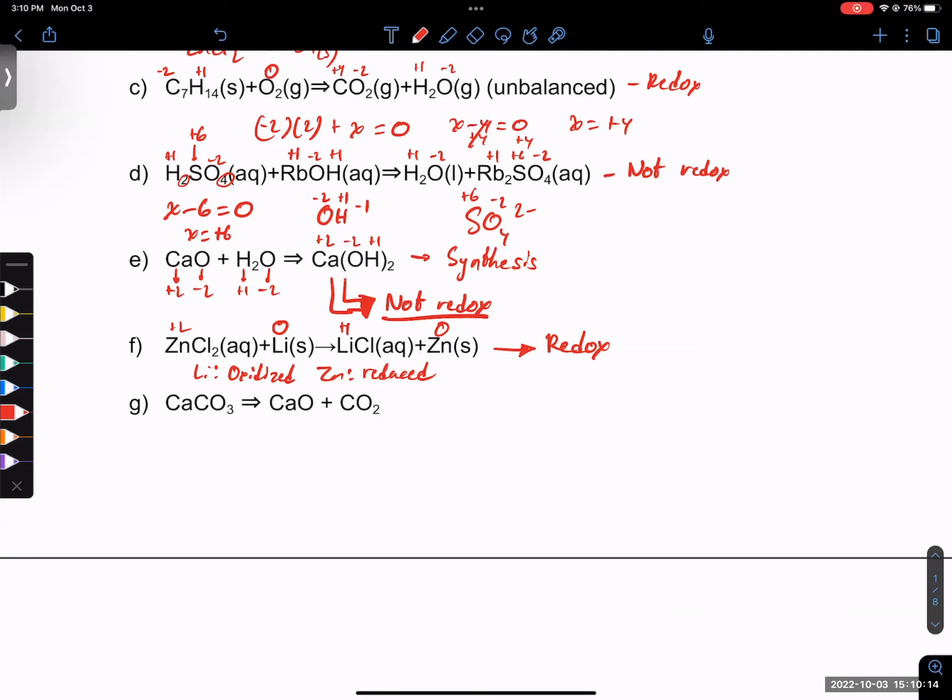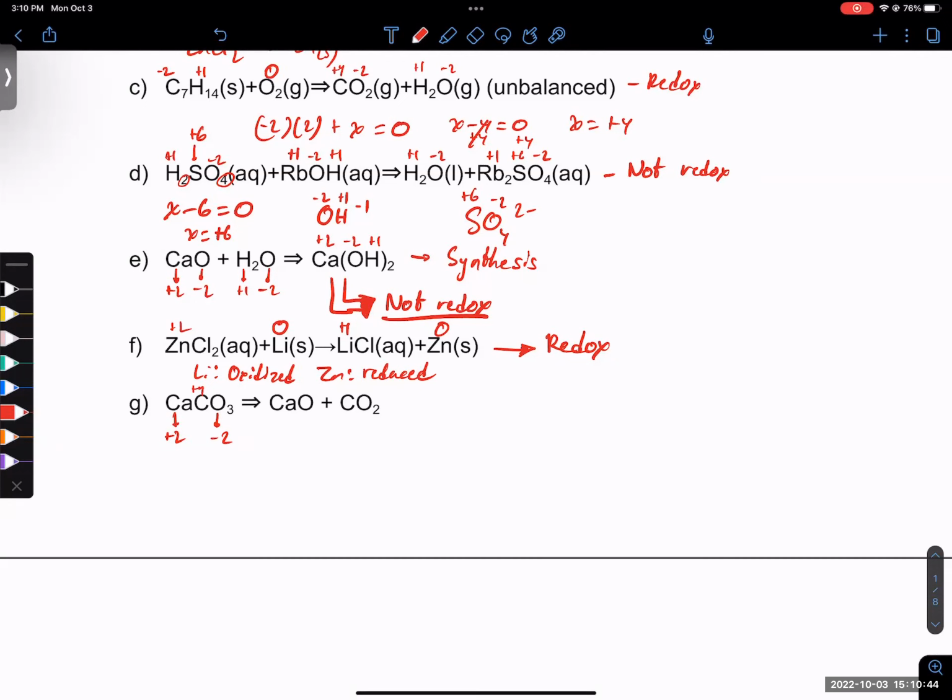So what is your oxidation state in calcium carbonate? Is it +2 for calcium, +4 for carbon, and -2 for oxygen? -6, +4, -2, +2.